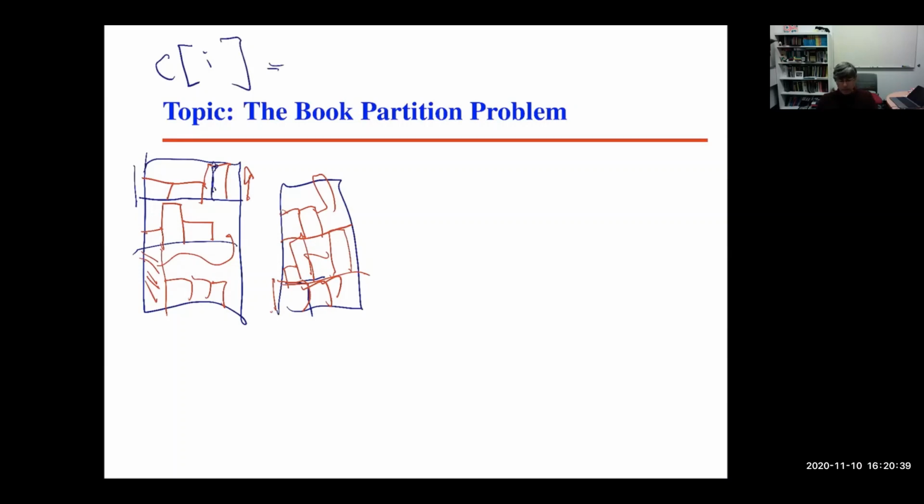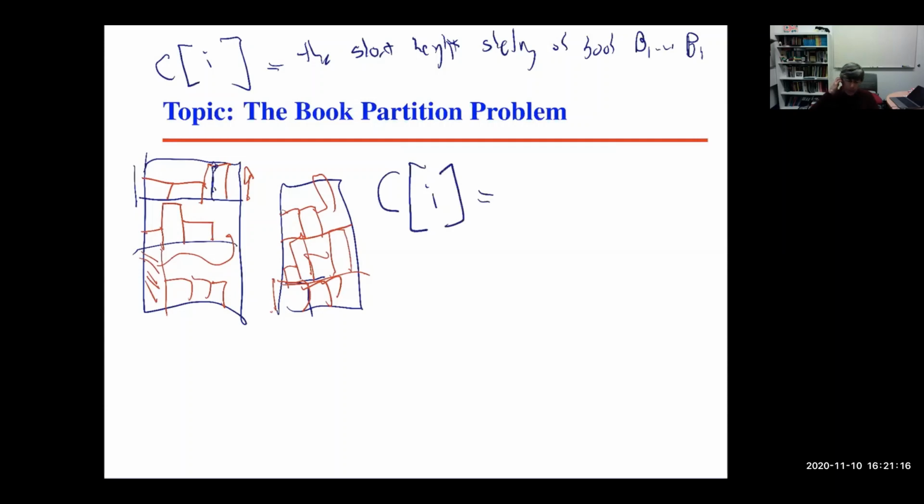C sub I is going to be the shortest height shelving of books B1 to BI. Let's say that that's what I wanted to do. This looks like it could be a helpful thing, right? Can anyone give me an idea for a recurrence relation to compute what that would be?